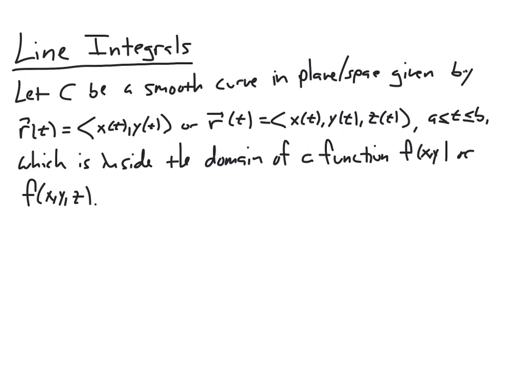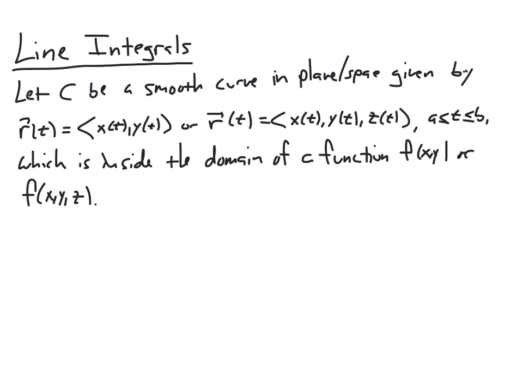And so these are the two components that we need to form a line integral. We need a function, either a 2-variable function or a 3-variable function, depending on if we have a curve C in the plane or in space. And we need this curve C that is smooth and has a vector function representation.